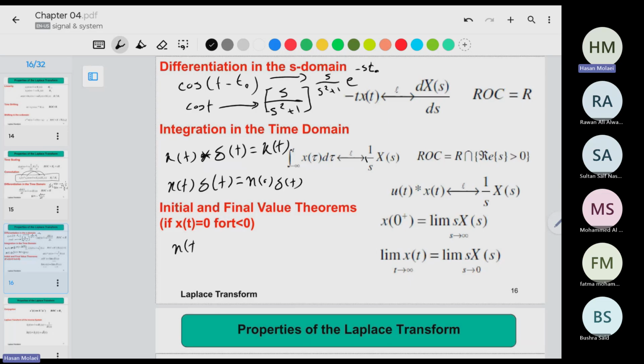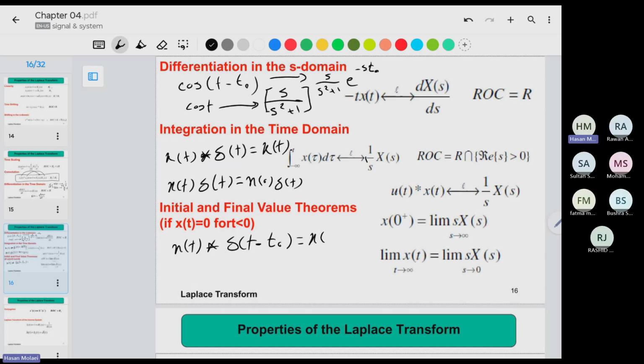If you remember x(t) convolved with delta(t minus t0), the convolution would be exactly x(t minus t0).